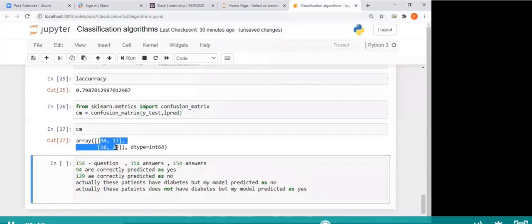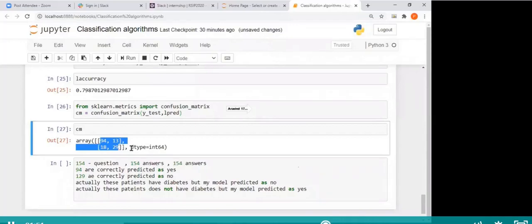So did you understand, guys, what these values are? This diagonal values are correct predictions. The other diagonal values are wrong predictions.